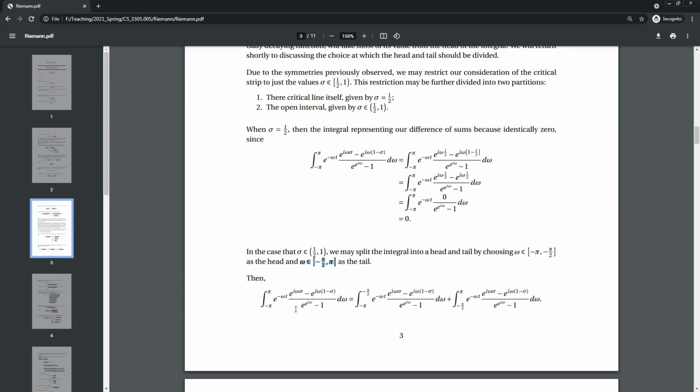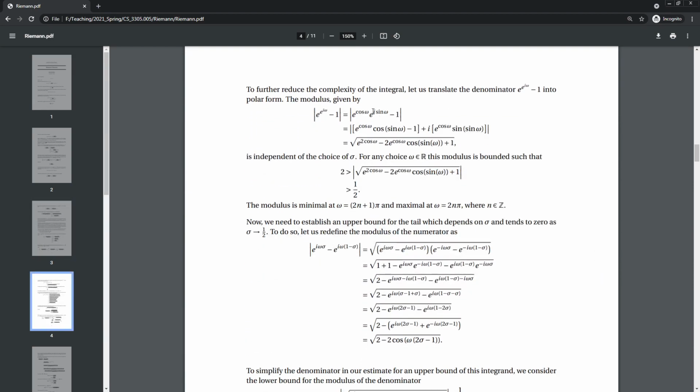Okay, so now we have this, and we're splitting up this integral at the terminal points, the beginning and the end, as defined. So into a head, where omega ranges from negative pi to negative pi over 2, and then a tail where omega ranges from negative pi over 2 to pi.